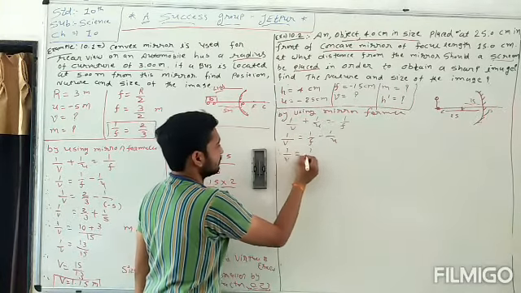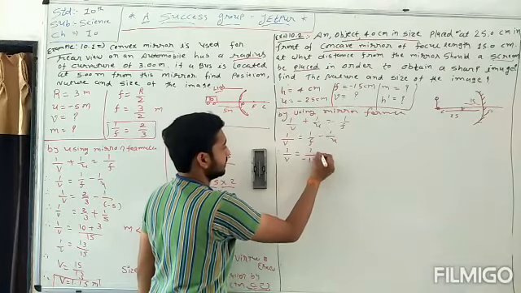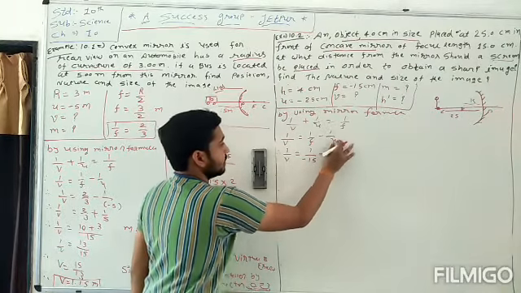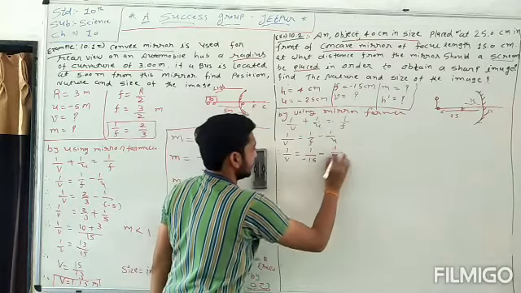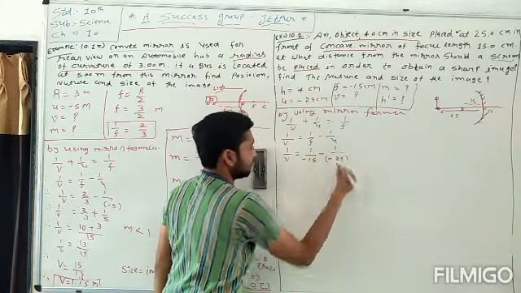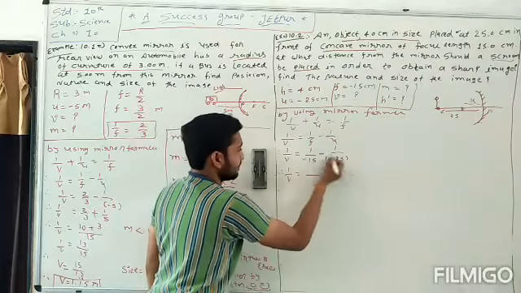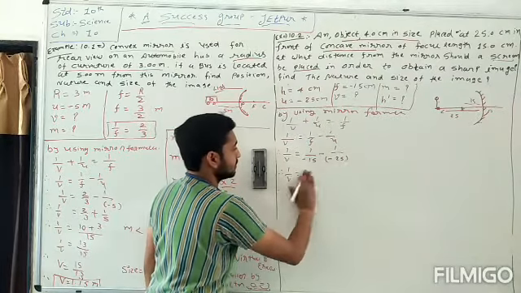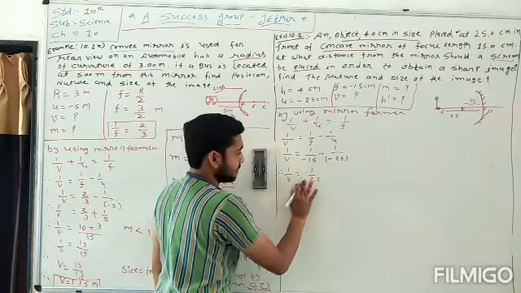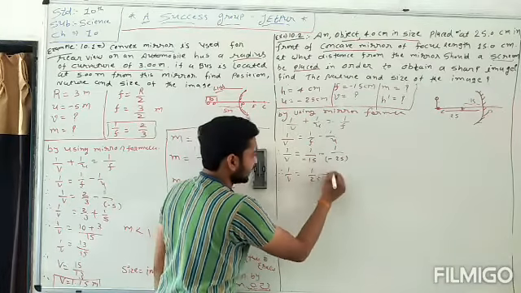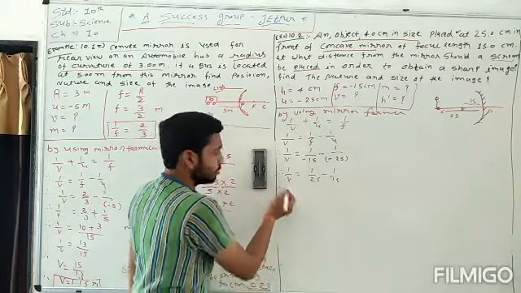So 1 by v is equal to 1 by f, minus 15, minus 1 by u, u is minus 25. So 1 by v is equal to minus 1 by 15 plus 1 by 25, and the plus value you can get easily.